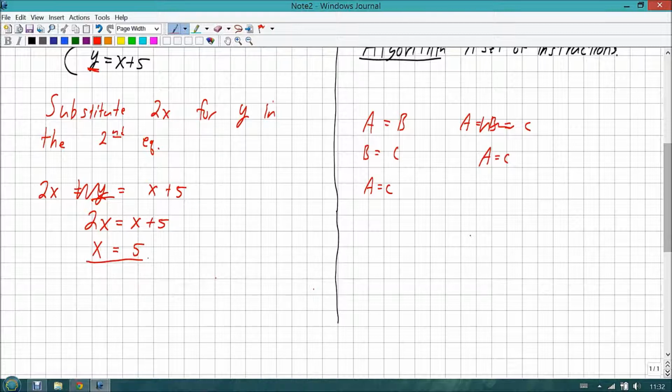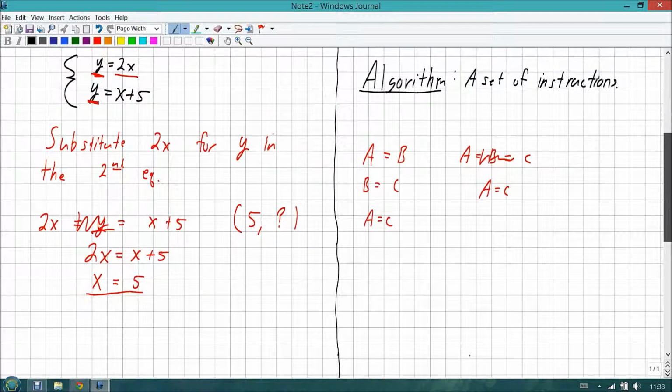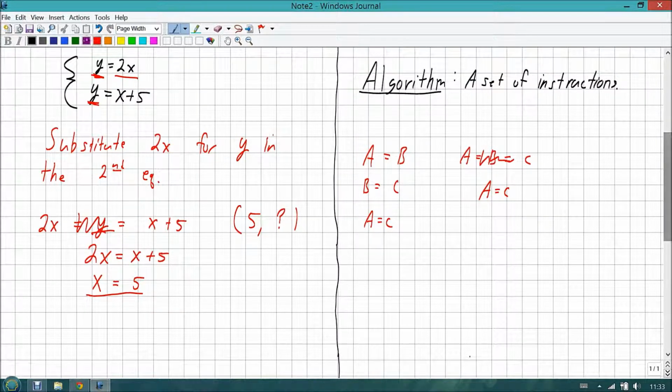I know that x is equal to 5, which means that for my ordered pair, I have 5 comma something? Nuts, we're not done yet. We've been able to find out what our value of x is, but we also need to find out the value of y, because all systems of equations are answered with an ordered pair. All right, so my x is 5. Great. Now, how do I find my y? Well, looking back up here, I know that y is equal to 2x.